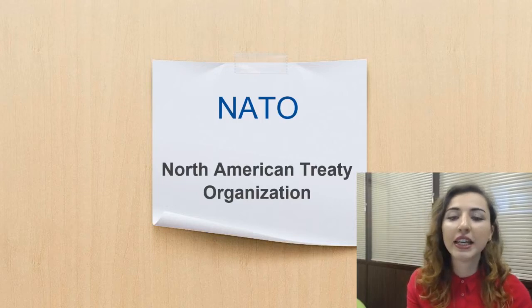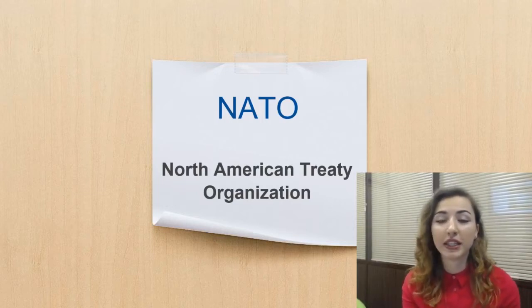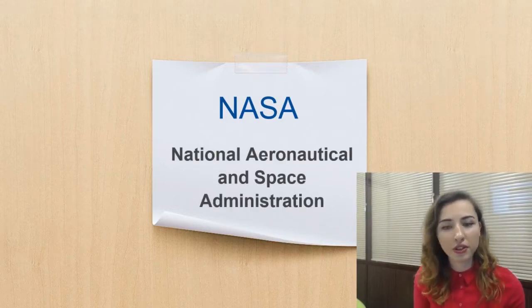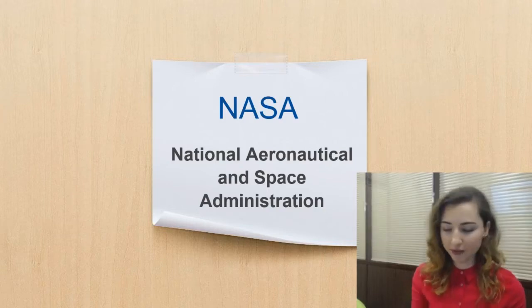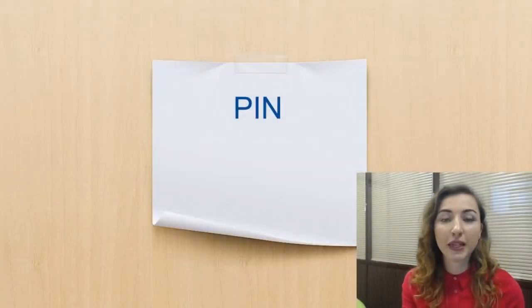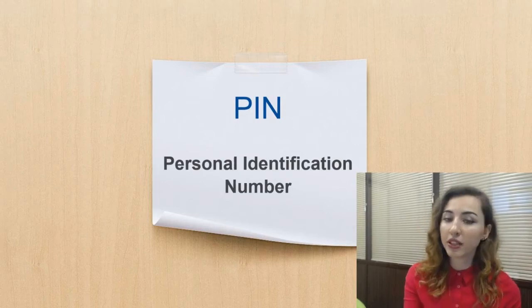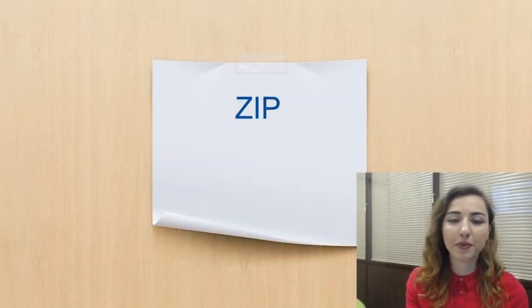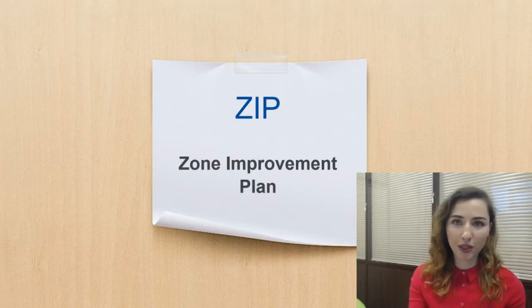And not everyone usually knows what it actually means. Now, NASA, this is how you pronounce it, stands for National Aeronautics and Space Administration. Then we have PIN, which is Personal Identification Number. And we have ZIP, which is Zone Improvement Plan.